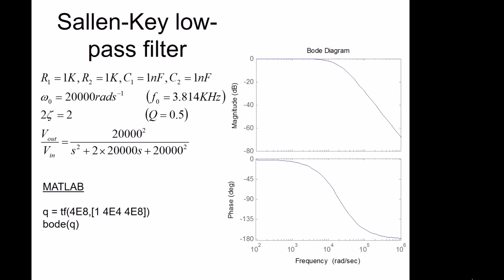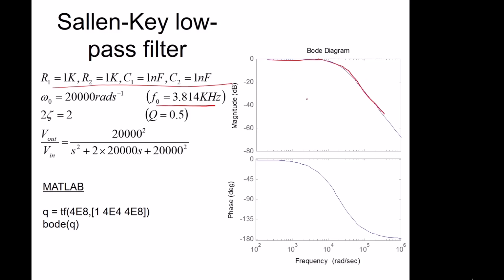So if we use MATLAB to plot that up, we're putting in just typical values for resistors and capacitors. We get out our resonance frequency of 3.8 kilohertz, and we get the Bode plot corresponding to this. So as you can see, it's very similar to our passive filter.